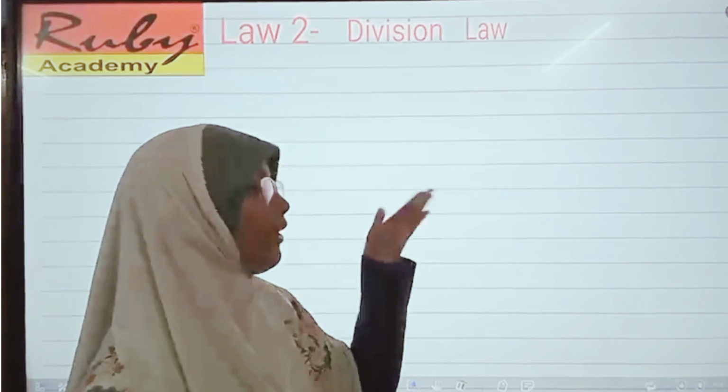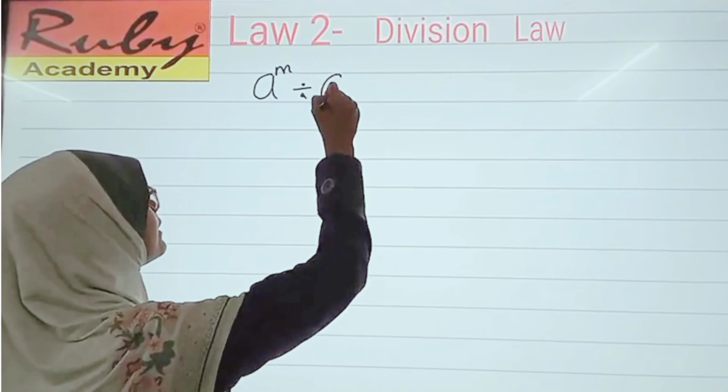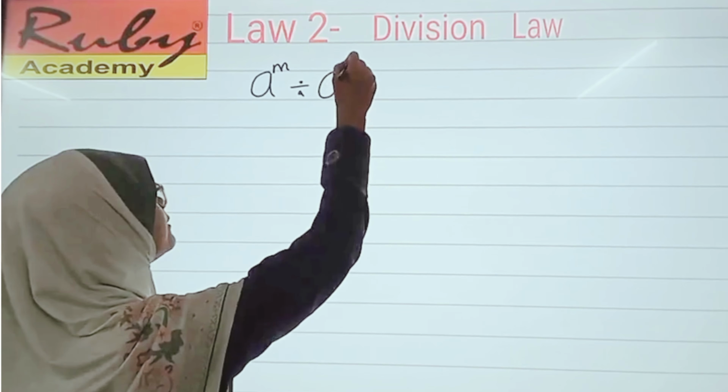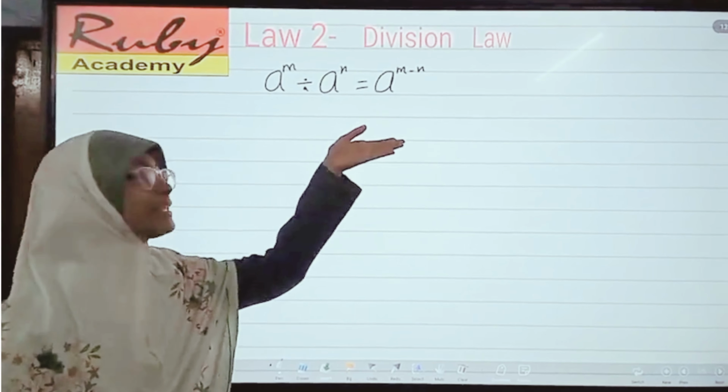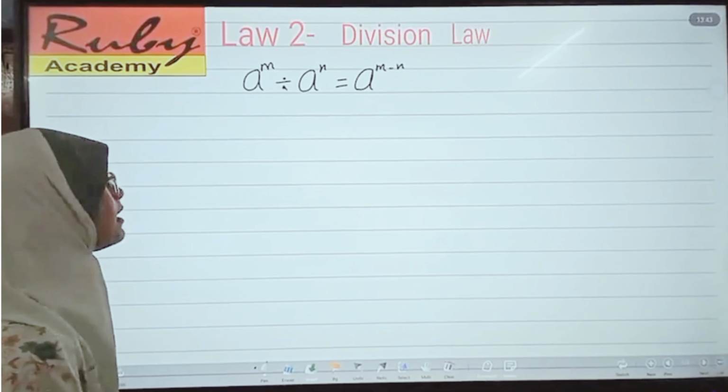So a raised to m divided by a raised to n is equal to a raised to m minus n. So here we have subtracted the powers to get the result as we are dividing the bases.